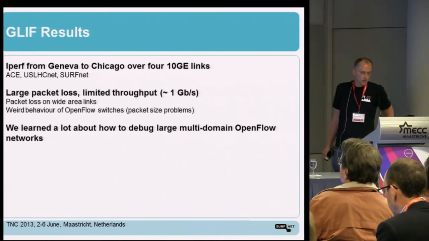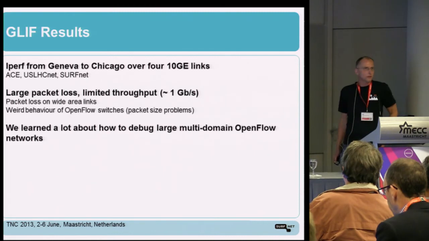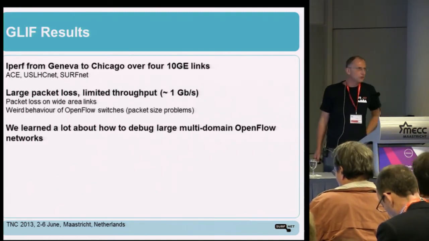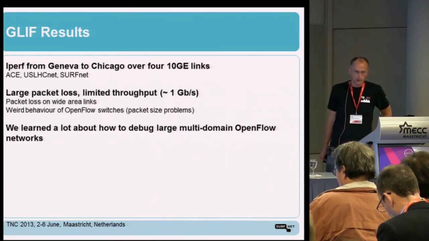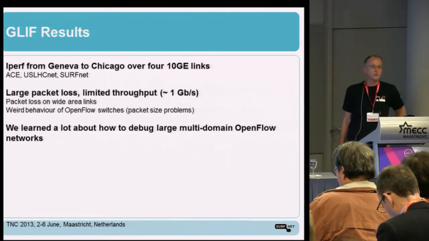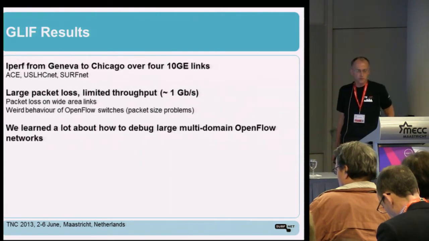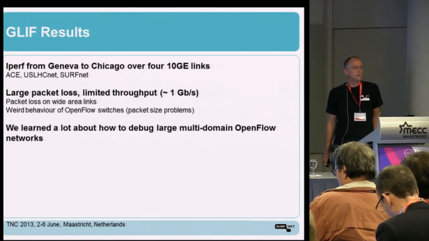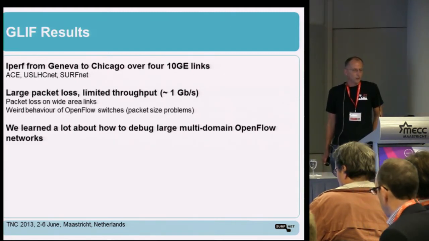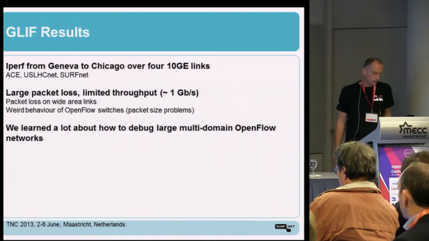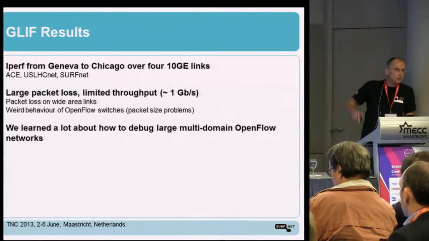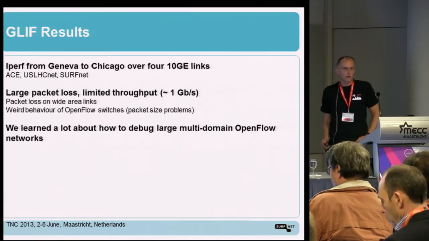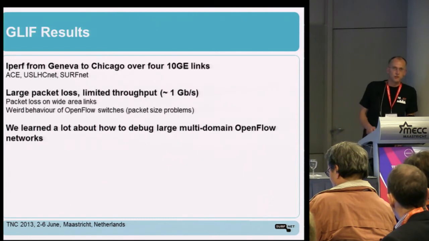But we had quite some problems at that demo. We had a lot of packet loss on the wide area links. And we also saw some weird behavior of the OpenFlow switches. For example, MTU problems. When we increased the packet size up to the MTU, at one point it didn't work anymore, which is normal, of course, if you exceed the MTU.